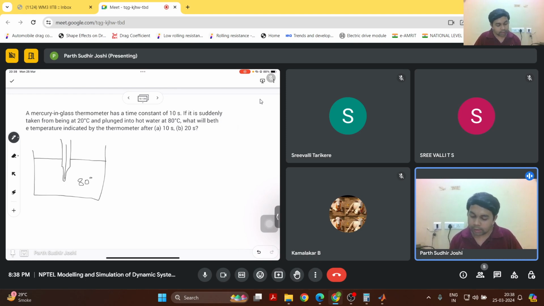So it is at 80 degrees Celsius. Initially it was indicating 20 degrees Celsius. Now we plunge it into hot water, and it has been given that the time constant of the thermometer is 10 seconds.